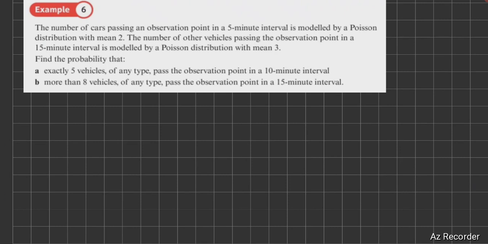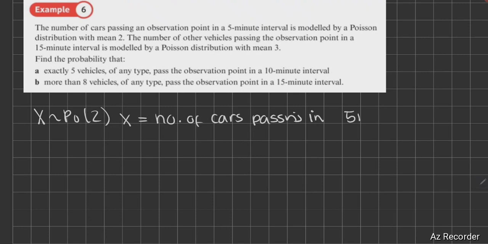So for the second example, which is more of a modelling example, the number of cars passing an observation point in a 5-minute period is modelled by a Poisson distribution with mean 2. So we can do X Poisson 2, where X is equal to the number of cars passing in 5 mins. And then we have the number of other vehicles passing the observation point in a 15-minute interval.